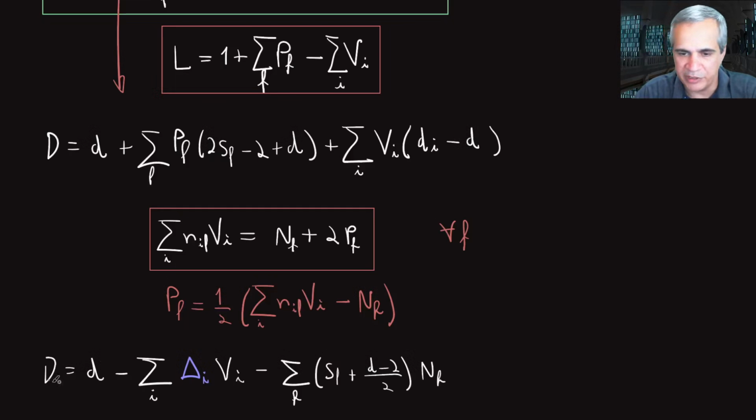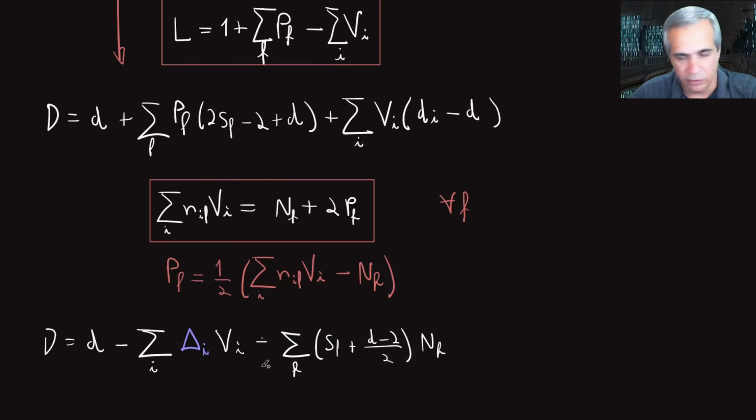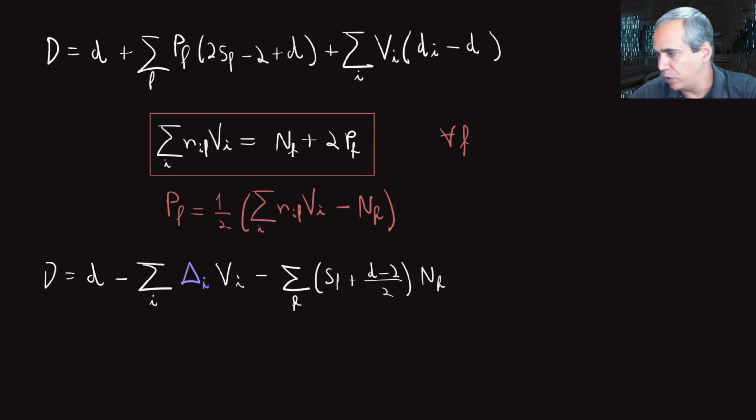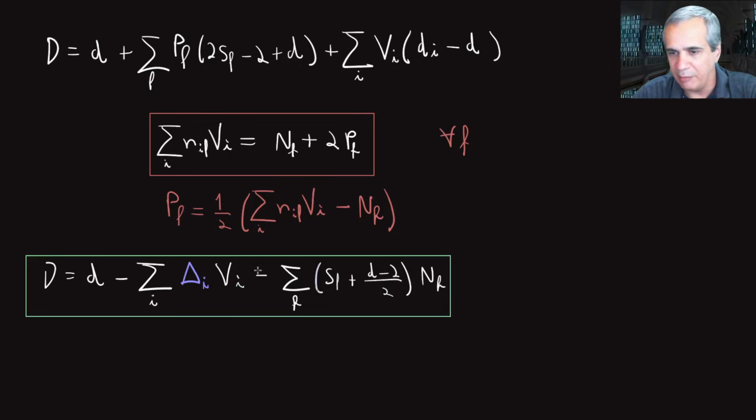Now I have an expression that is fully written in terms of the number of vertices, the number of external legs and some intrinsic properties, like the size of the space-time and so on. So let me put a box around this because it's really what we were looking for. And let me write the definition of delta in this case, which is a little bit more complicated than before.